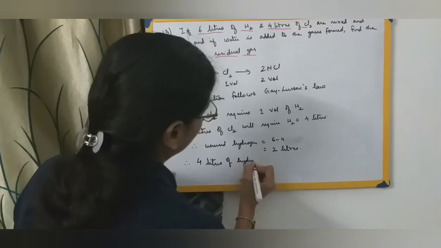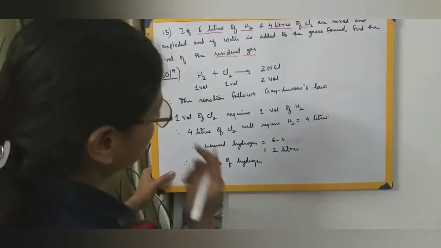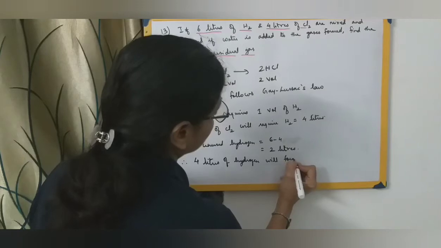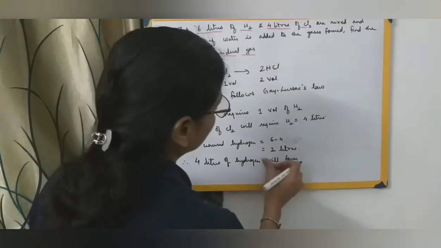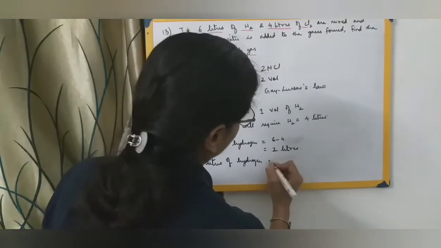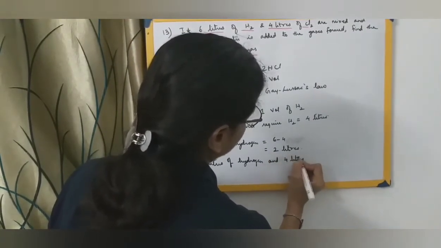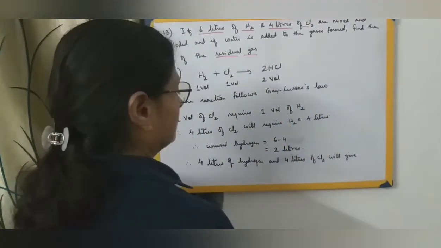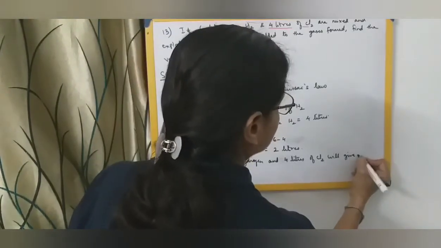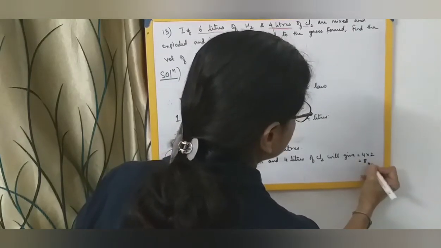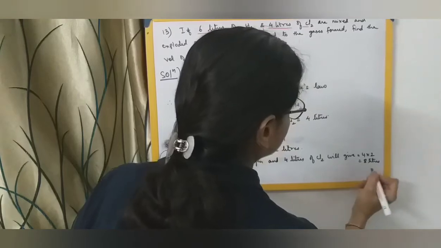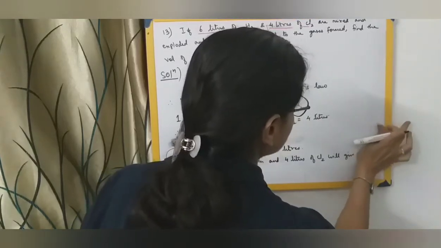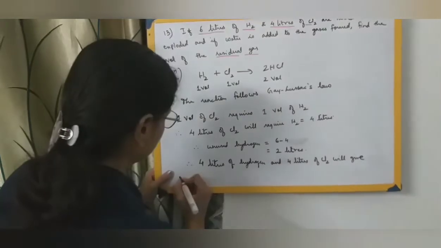Therefore, 4 liters of hydrogen and 4 liters of chlorine will give hydrogen chloride, sorry, not hydrochloric acid.